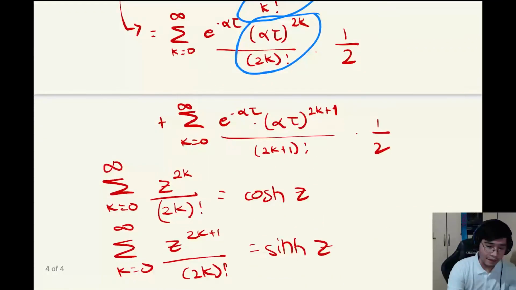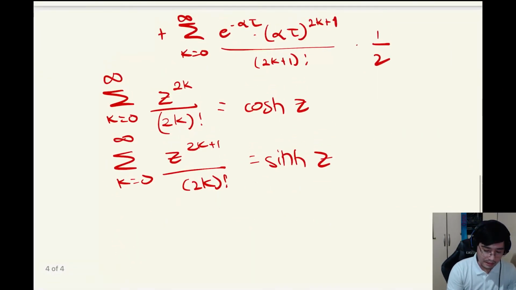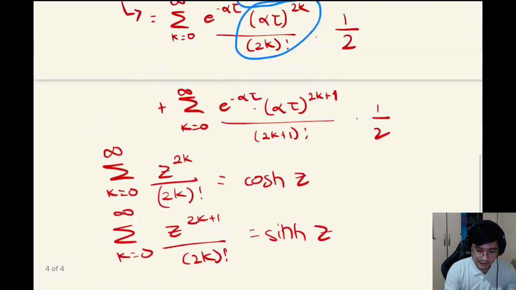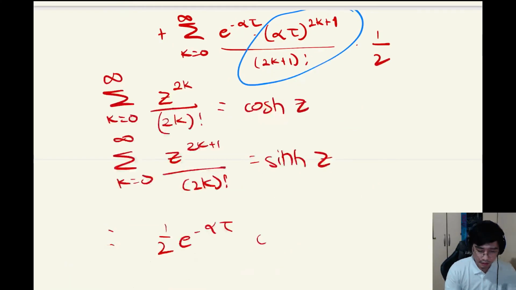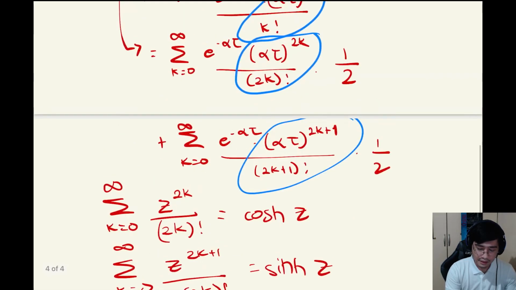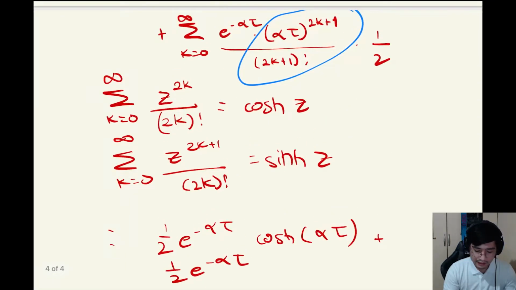So, simplifying further, we will now obtain 1/2 e raised to negative alpha tau times, this is the even number of transitions, therefore this is equal to the hyperbolic cosine of alpha tau, right? Plus 1/2 e to the negative alpha tau times the hyperbolic sine of alpha tau.